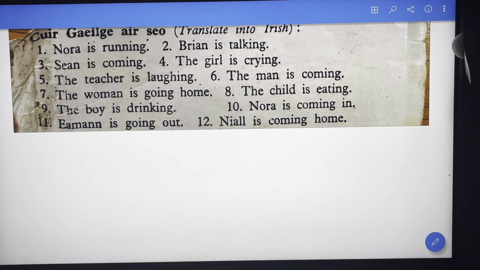Tá an buachaill ag ól. Arís. Tá an buachaill ag ól. Number 10. Tá Nóra ag teacht isteach. Tá Nóra ag teacht isteach. Number 11. Tá Éamonn ag dul amach. Tá Éamonn ag dul amach. Number 12, last but not least. Tá Niamh ag teacht abhaile. Tá Niamh ag teacht abhaile.